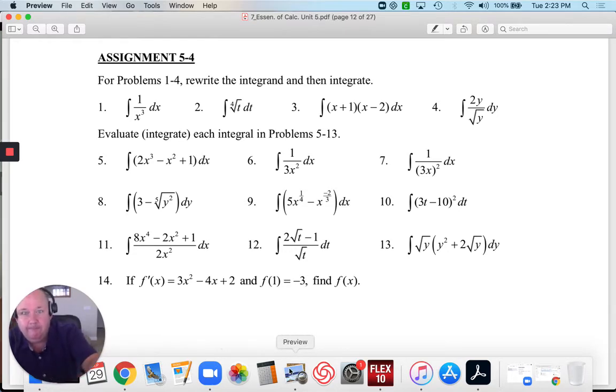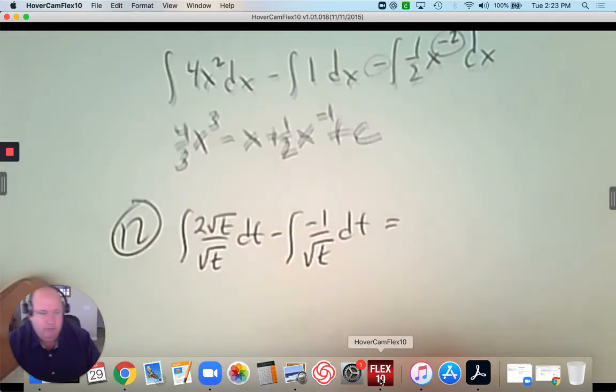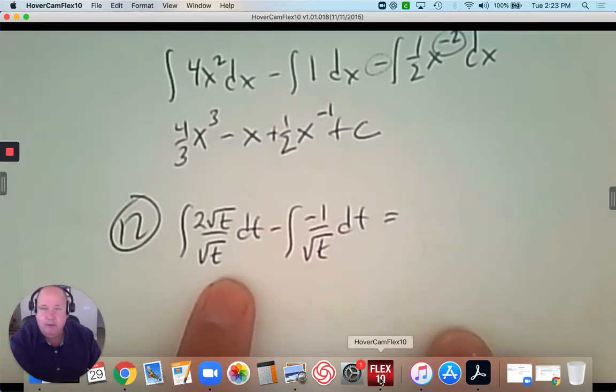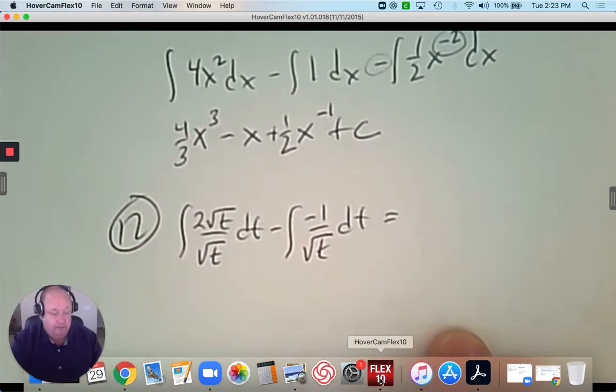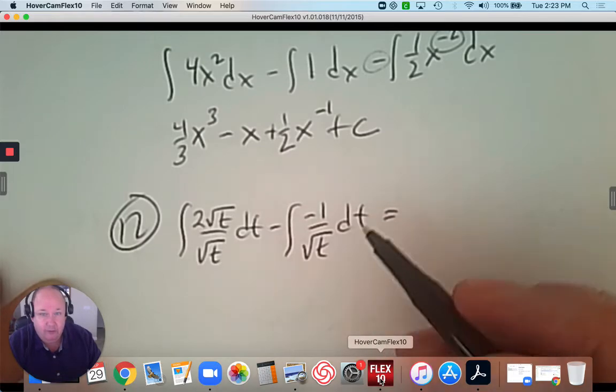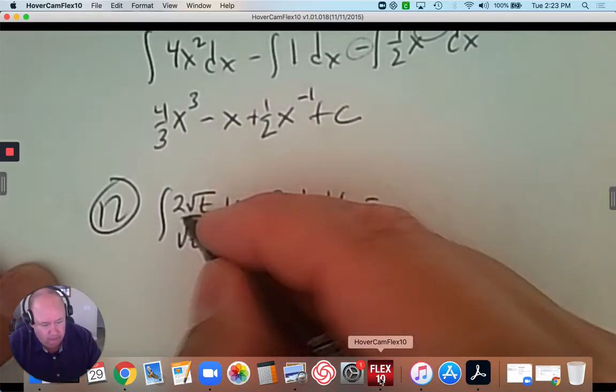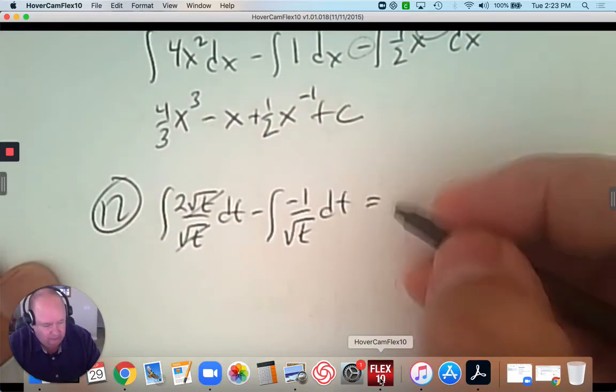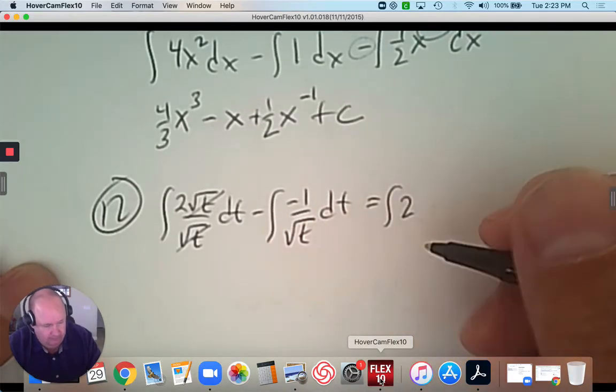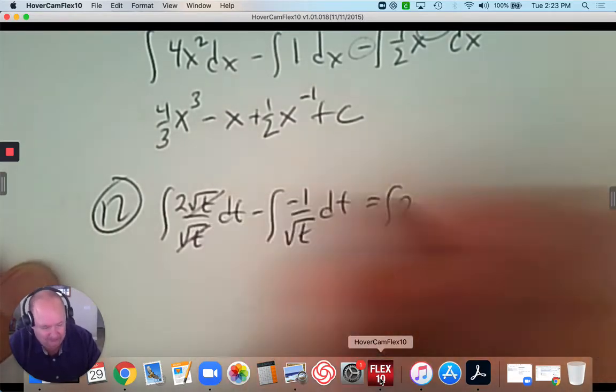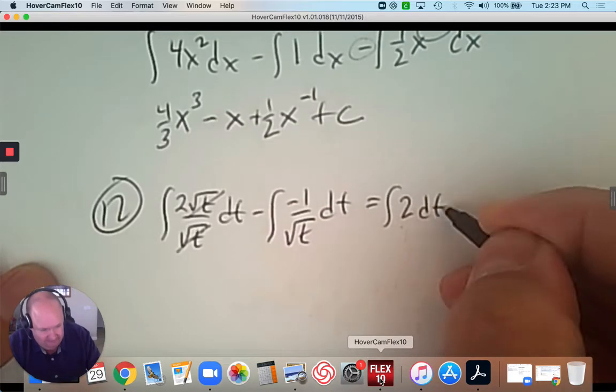All right. So here we have that root t divides both terms so that we can then do calculus rules. So root t divided by root t, that's just t. Root t divided by root t is just 2 dt.